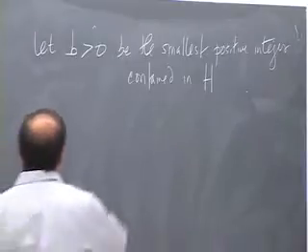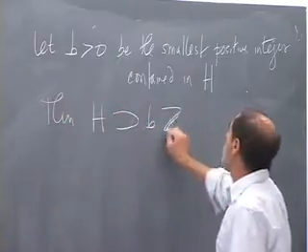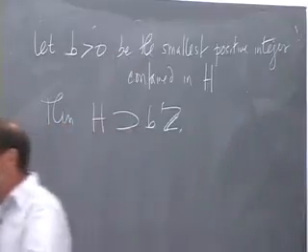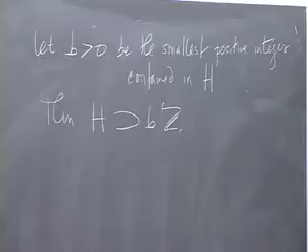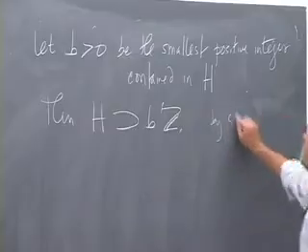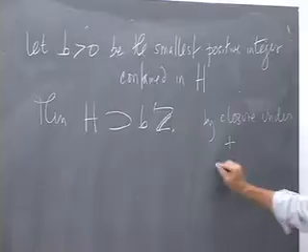And the first observation is then H contains all multiples of B. Because once it has B in it, it has B plus B, which is 2B, and then it has B plus B plus B, which is 3B, right? And then it has minus B, which is the inverse of B. And then it has minus 2B, which is the inverse of 2B. Everyone agree to that? So once we find the smallest positive integer in it, it has to contain all multiples of this by closure under addition and inversion.